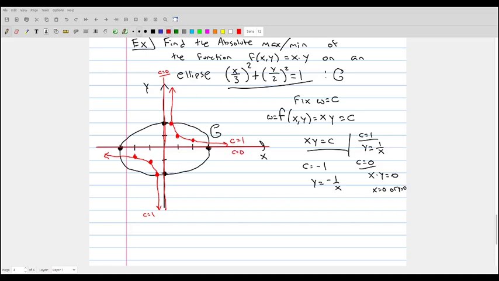And then lastly, when c is equal to -1, we use a dotted line to show the curve corresponding to y equals -1 over x. This dotted line corresponds to c equals -1. It's a dotted curve, not a dotted line. Same thing right here.